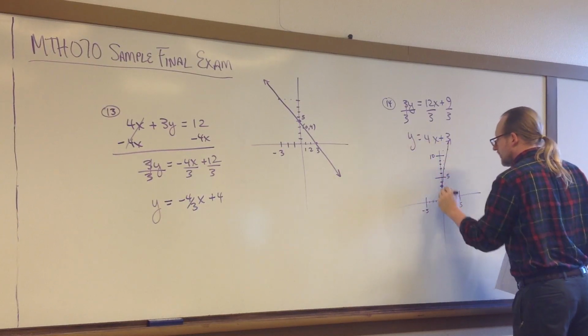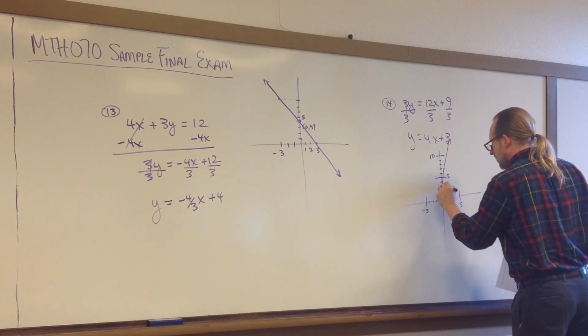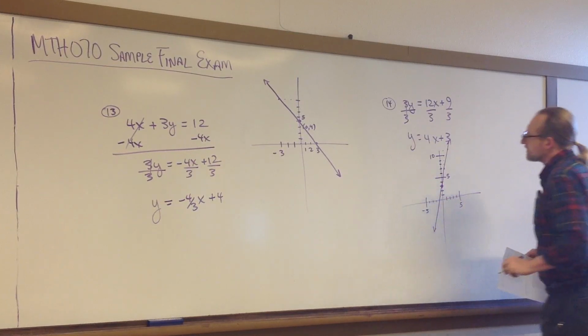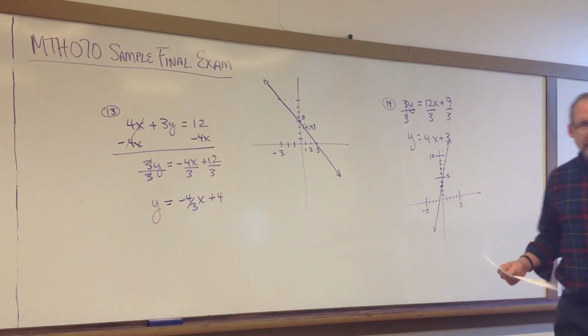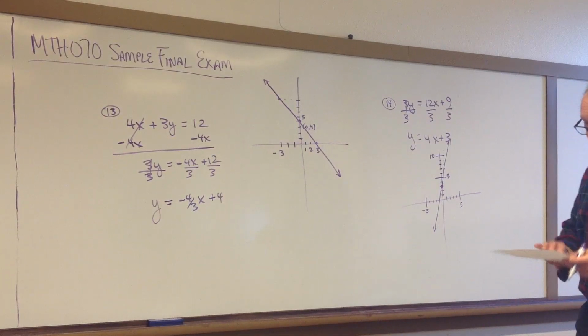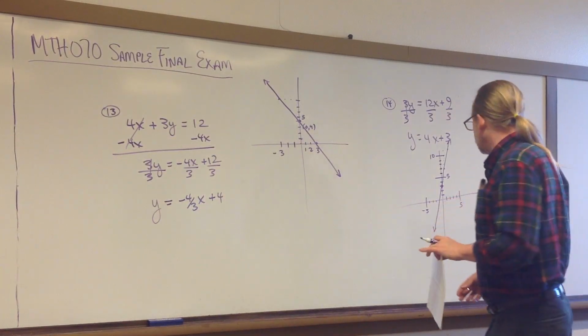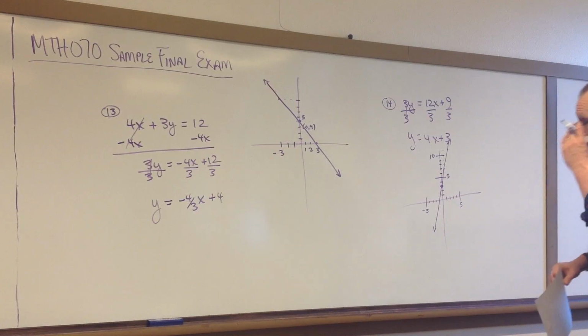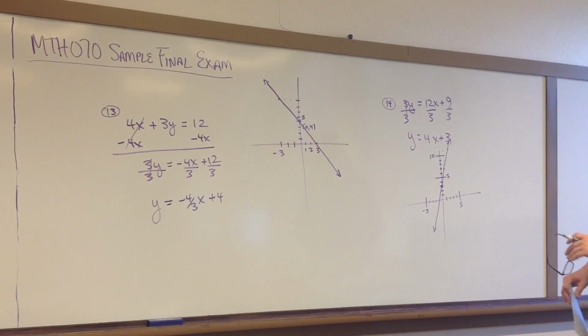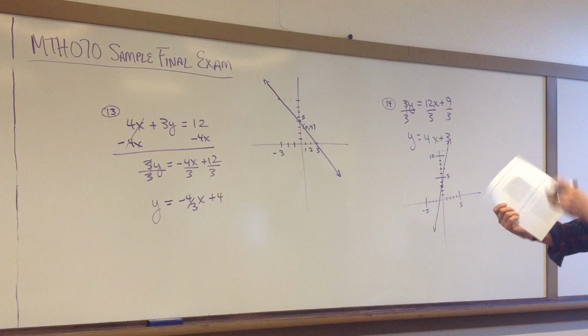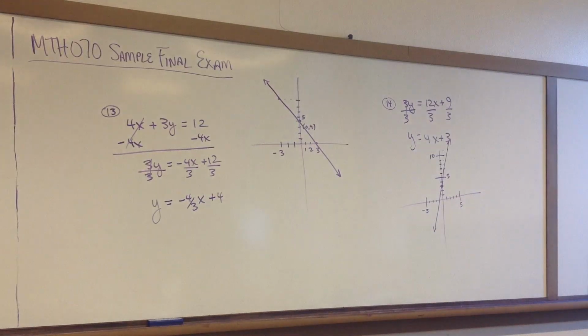And so this is going to look something like that. Again, it's not exact because I don't have a grid here, but you do have a grid on the test paper, and so your graph should be more accurate. So that's problems 13 and 14 on there.